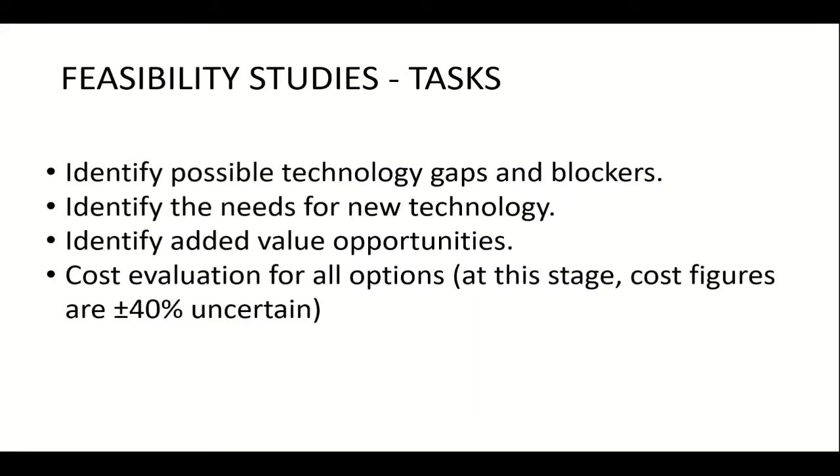And some of the tasks they have to determine at this phase is to try to look at potential technology gaps and blockers. For example, for some subsea fields, I might have some flow assurance issue, might have some formation of wax, or due to the low temperature, I can have a very high viscosity and it's difficult for the oil to flow. Identify the needs for new technology related to the technical challenges.